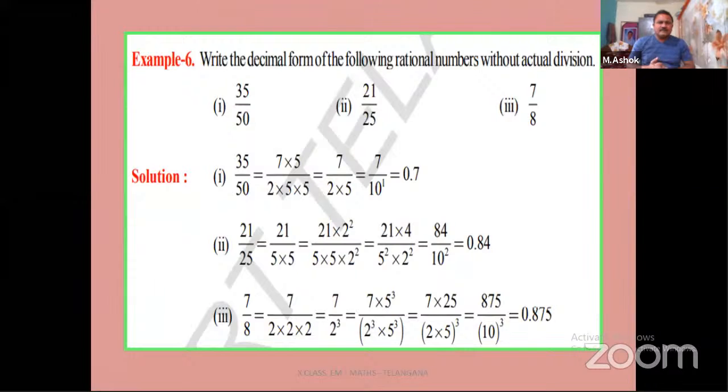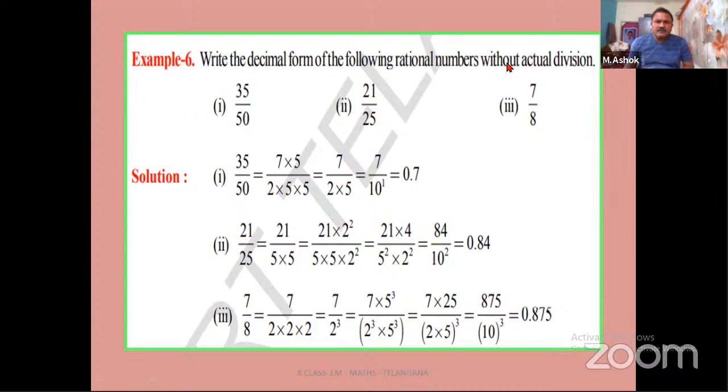Example number 6. Look at the question once. Write the decimal form of the following rational numbers without actual division. Simply keep one point in your mind.